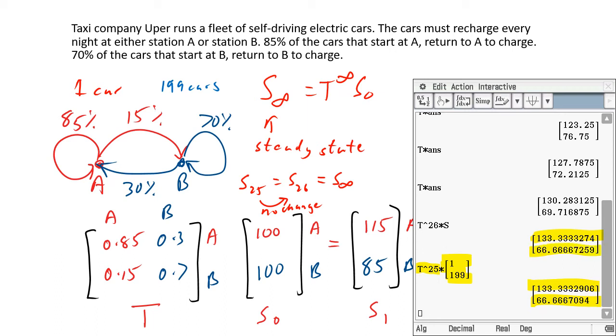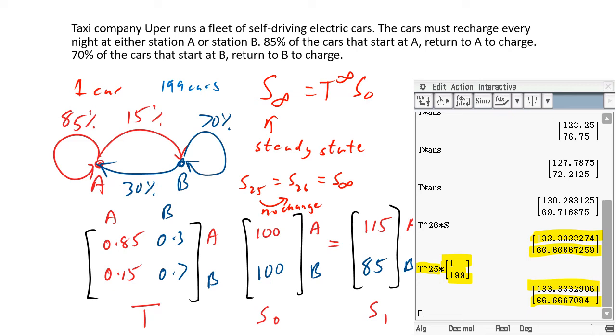We're trying to say that when you have S25 and S26 being the same, that's the same as S infinity, which is another name for steady state. And so when you're going to allocate your cars, you can start with 133 on A, 67 on B, but it doesn't actually matter what you start with. So one of the tricks they do on you on exam questions is not give you S0 and then ask you something about in the long term.